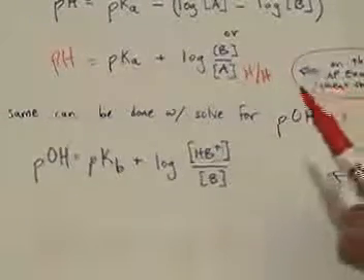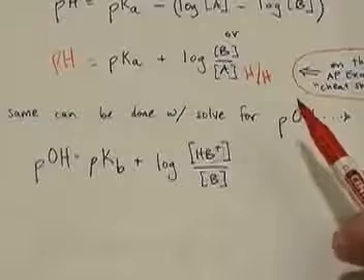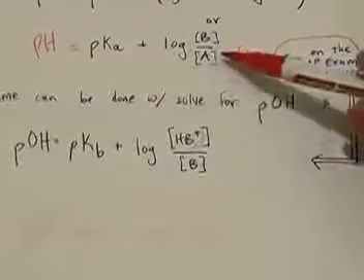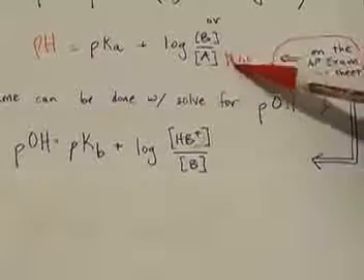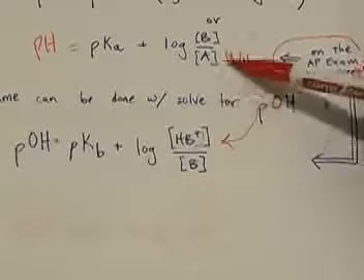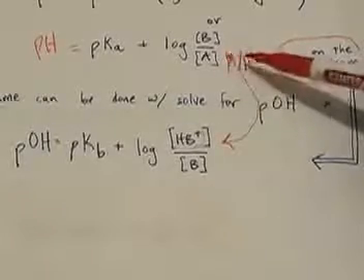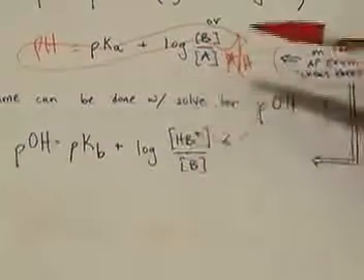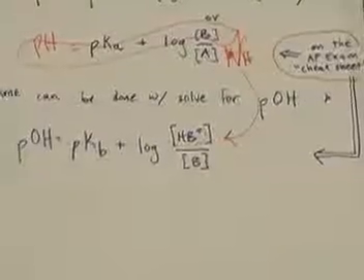Both of these equations are given on the AP exam sheet, and you will not be required to derive them like I just did. You simply can now use and abuse both of these equations. They're both called the Henderson-Hasselbalch equation. This is the most popular one right up here because it solves for pH directly, and you can always solve for pOH later.